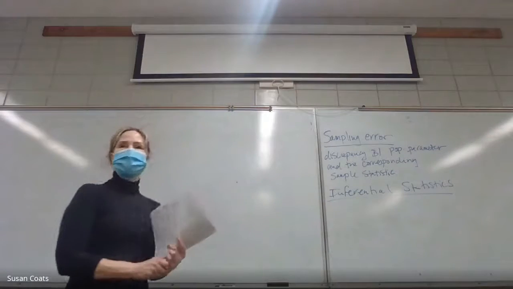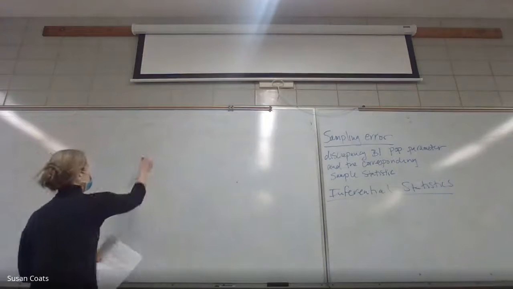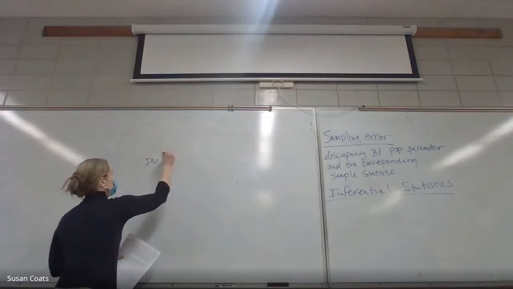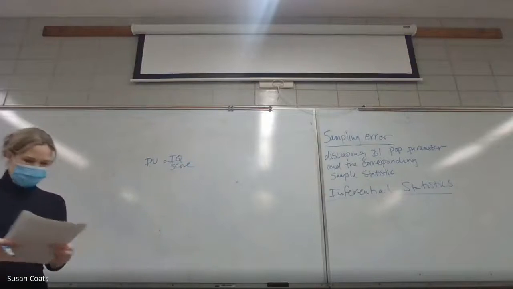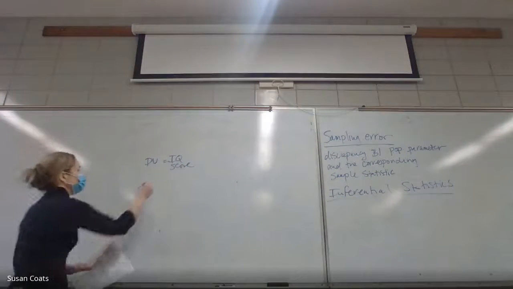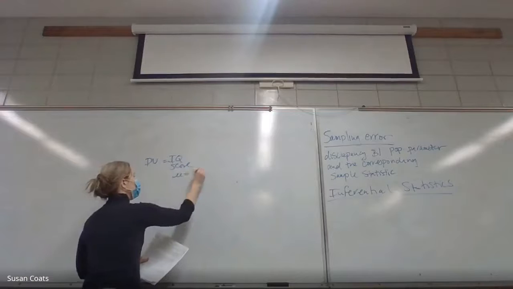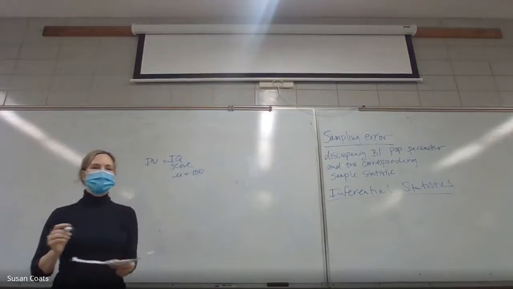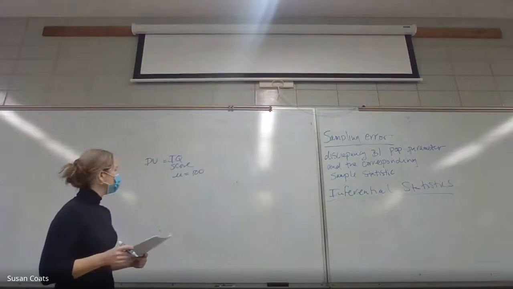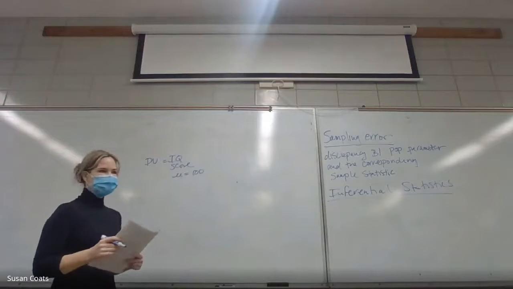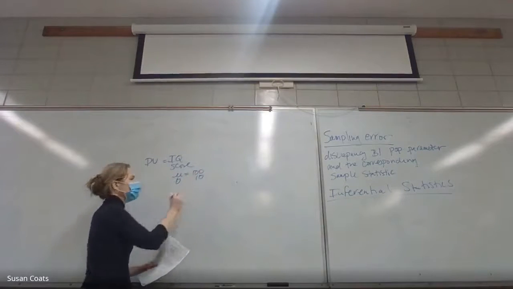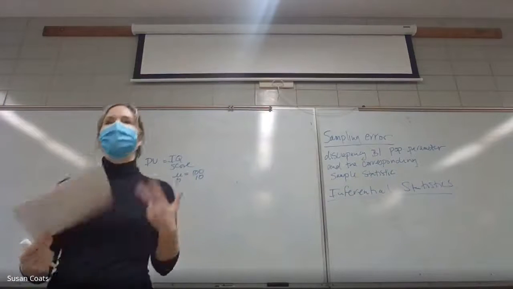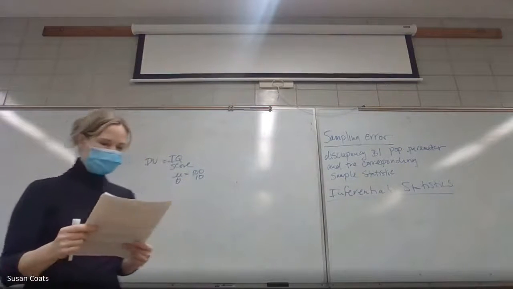Okay, I'm going to work with a particular example where the dependent variable is going to be IQ score. Let's say that in the population, we know that the mean is 100 and the standard deviation is 10. I'm going to start with that knowledge about the population.